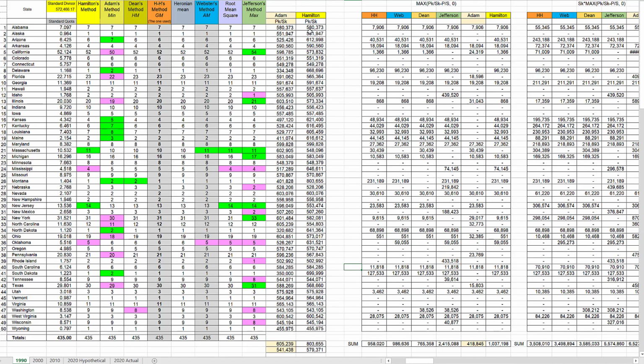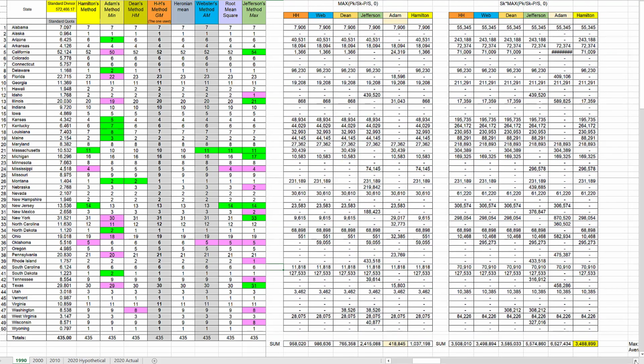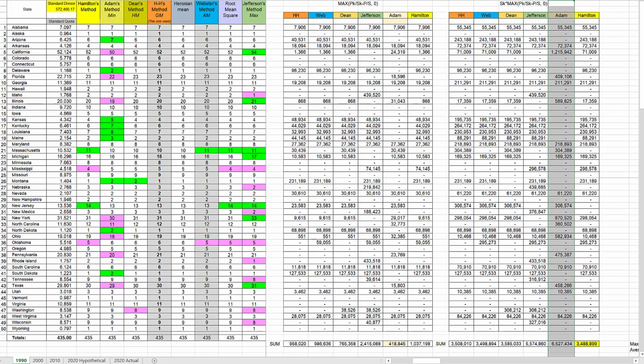Right, so how much you're over that standard deviation, if you count that, then again, Adams will minimize that. But if you multiply each state by how many seats you would get from that method, then Hamilton will now optimize that. So that's the smallest number there.